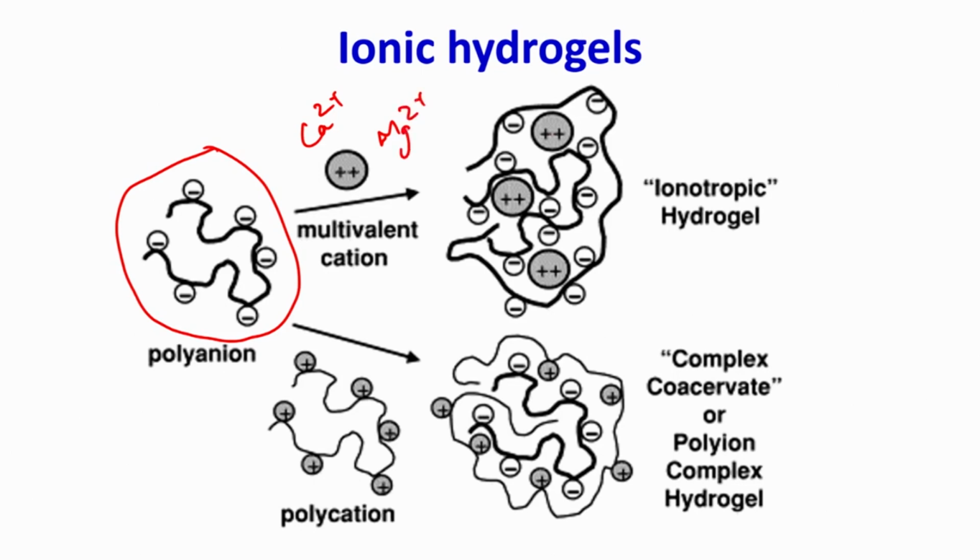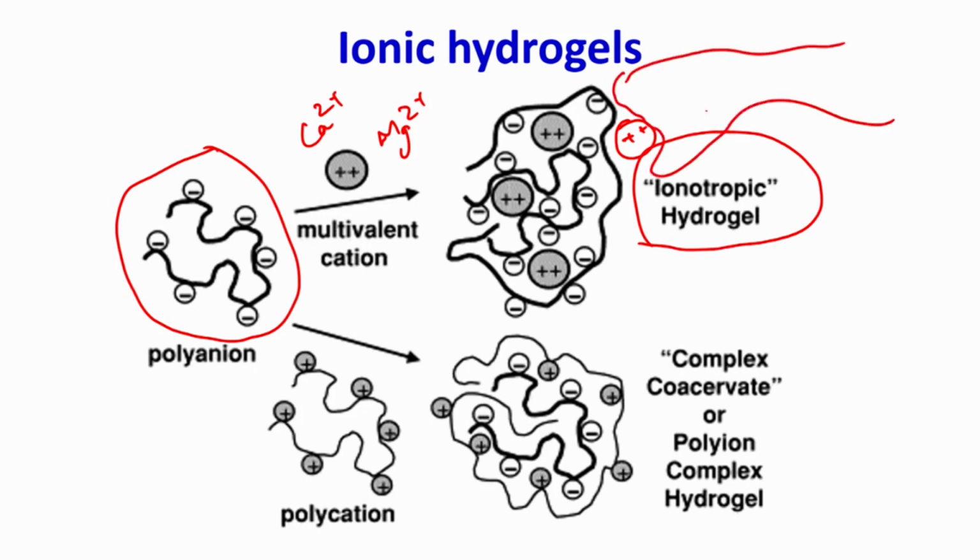What will happen is that these individual atoms of calcium and magnesium will interact with multiple, or at least two, of those negative ions, and they will result in the formation of something called an ionotropic hydrogel. And again there will be another calcium molecule here that will interact with another big chain, and that is how you can imagine the whole network growing and making a very complex structure, having lots of interaction between a single chain and several other molecules.